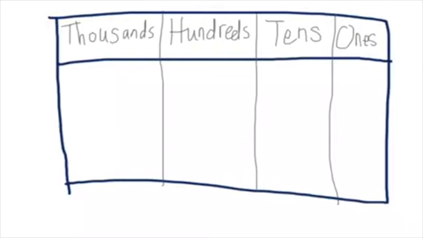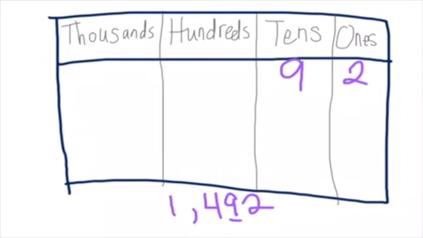So when I look at the number 1,492, I'm going to look at the ones place, and I'm going to see what I would put under my ones. And of course, there's a 2 in the ones place, right? And then I'm going to look at the tens place, and that's the next one over, right there where I underlined, and that's a 9.